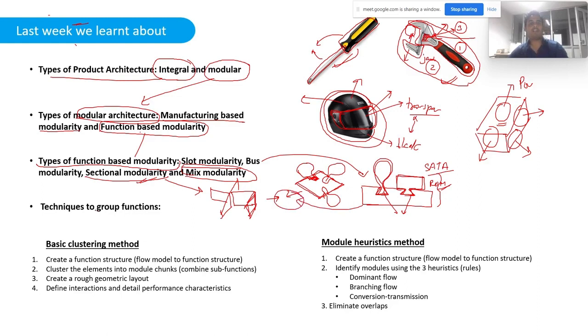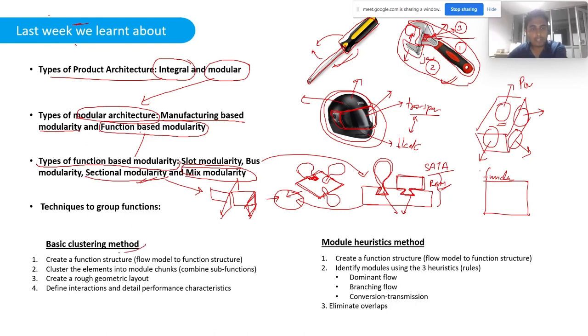Now the next question comes when we come up with a product functional model, which can be a function structure or function tree: how to group these functions into specific modules?